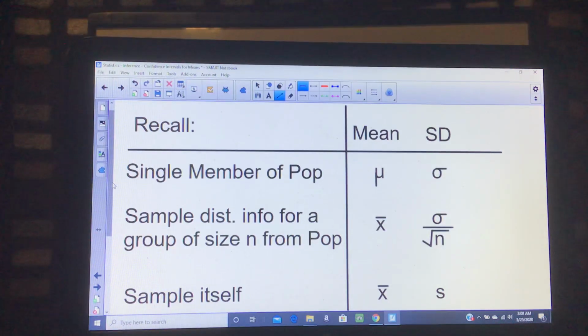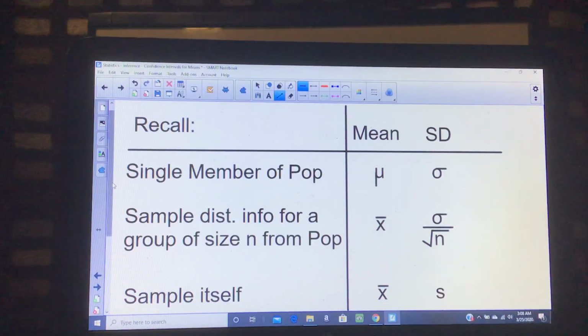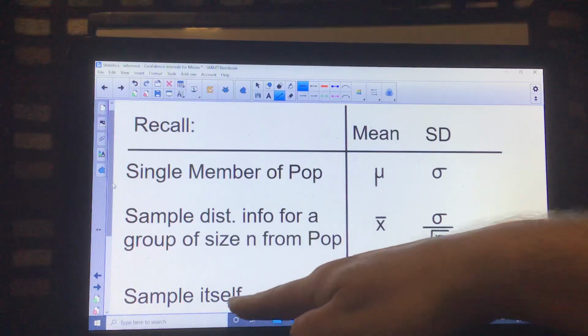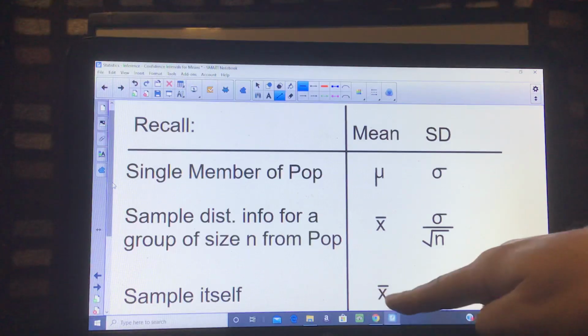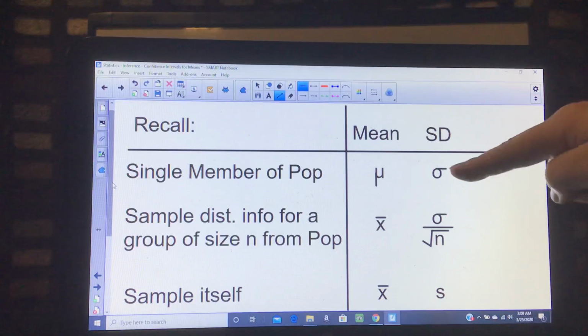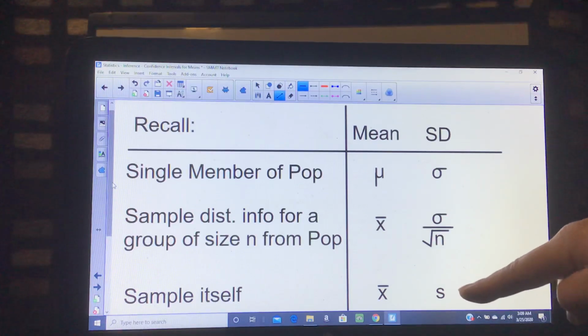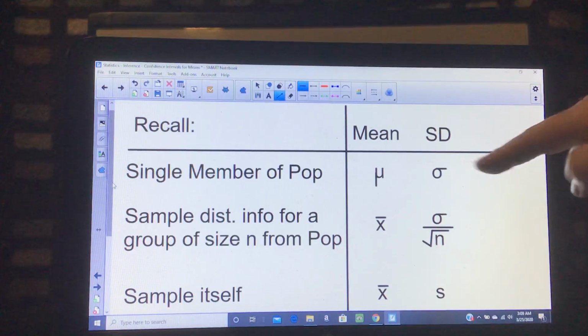Now, I don't think I talked about this in the last video, but this is going to come up now. When you take the sample itself, I had mentioned already that the sample has its own mean. Now, the sample also has its own standard deviation. The population has a standard deviation, but since you're not grabbing everybody, the standard deviation itself won't match the population.